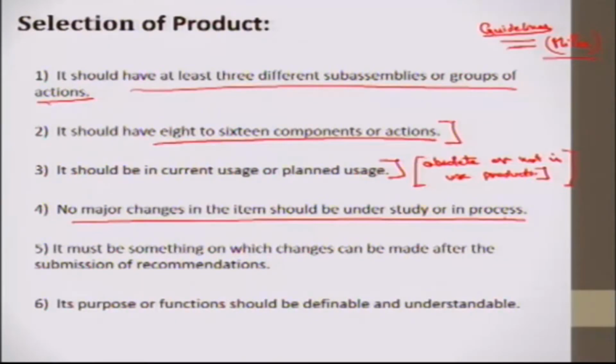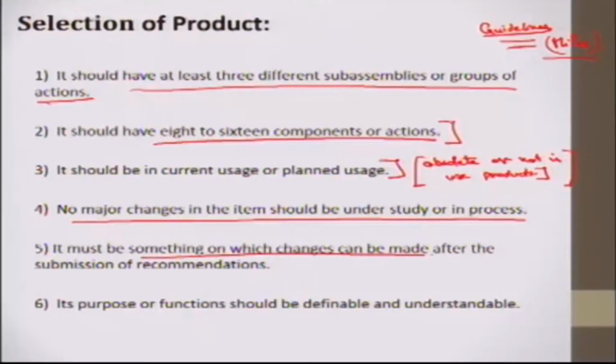If the item is already under study, that is, some major change is going to happen, then conducting value engineering on that wouldn't help. It can help if we know what change is going to happen, and if value engineering can enhance that process, the change that is being carried out.